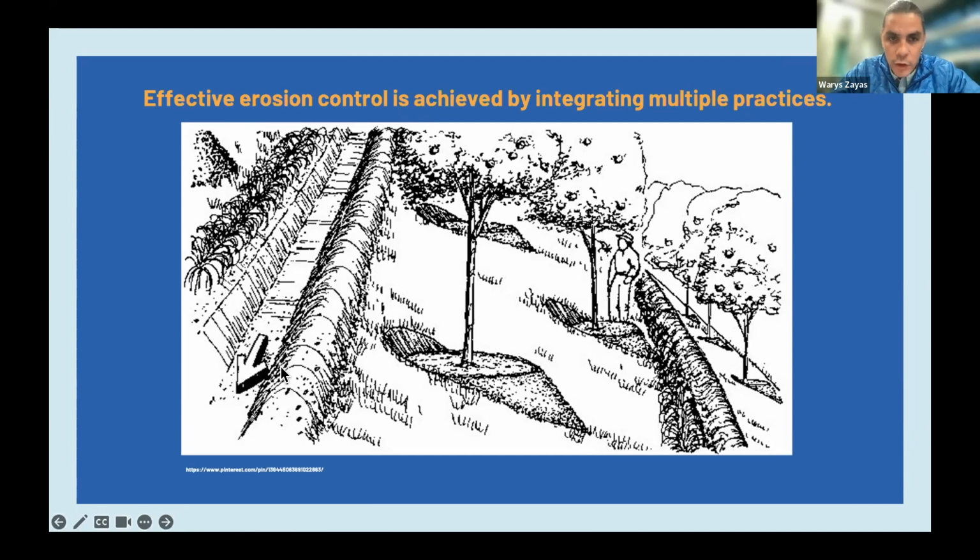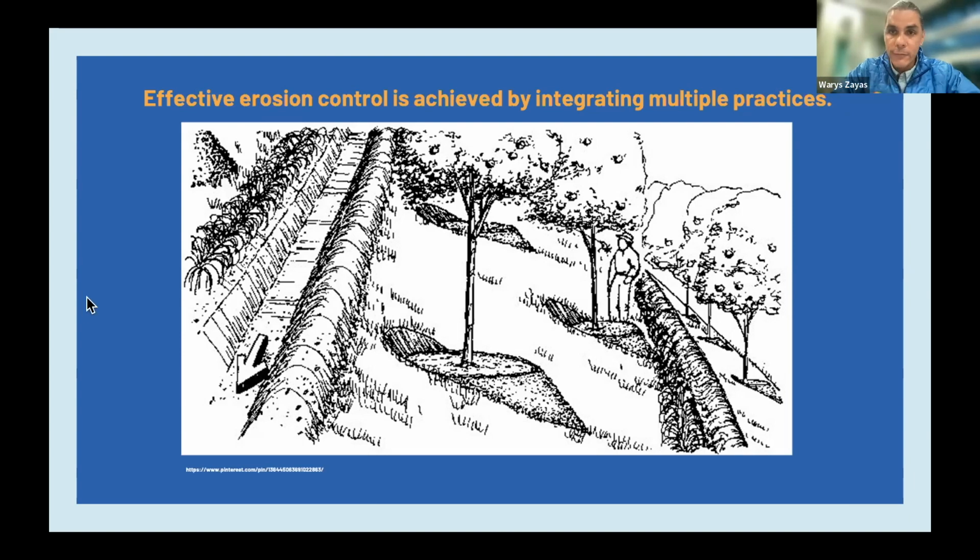We have ditches, we have vegetative erosion barriers, and individual terraces for planting. We can also see that the soil is not bare soil, right? As I mentioned at the beginning, soil protection is really important, and practices against erosion are really important. But we need to integrate all those practices, right?